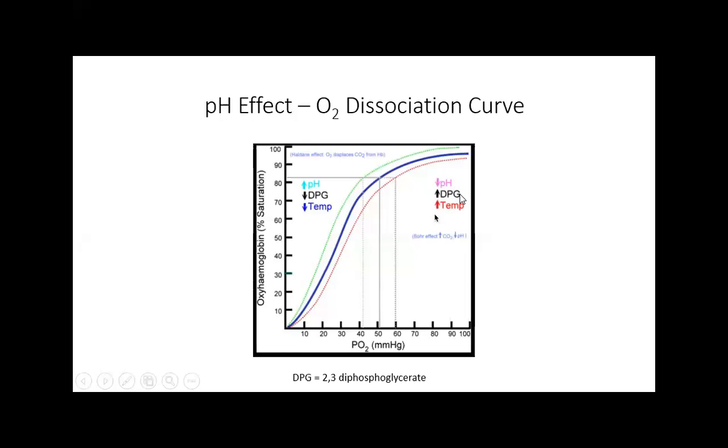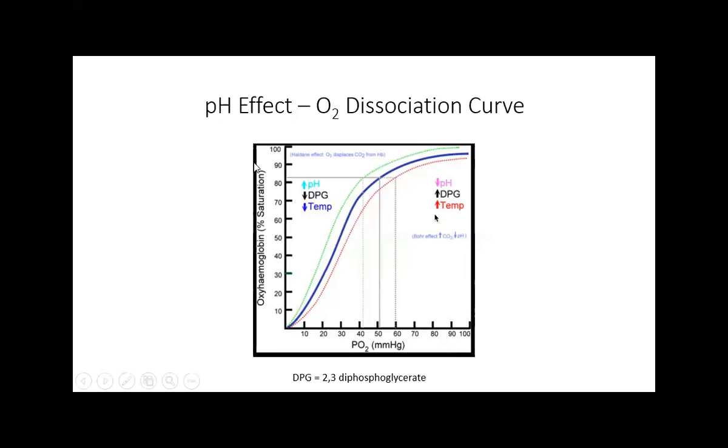or DPG, which is a red blood cell energy dependent substrate, 2,3-diphosphoglycerate, increases, or the temperature increases, then we'll see what's called the Bohr effect, which is a shift in the dissociation curve to the right, meaning that for a given saturation of the hemoglobin, you need a higher partial pressure of oxygen.